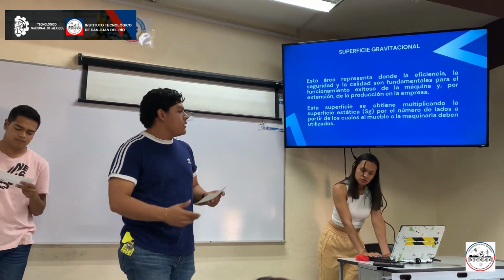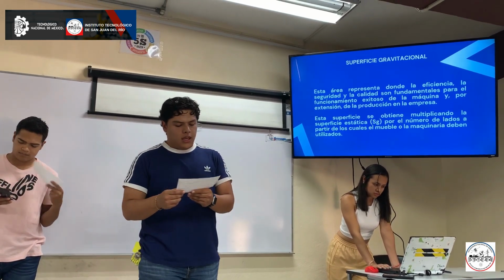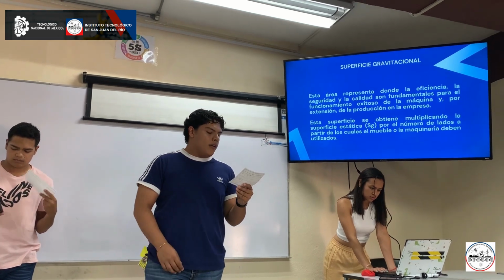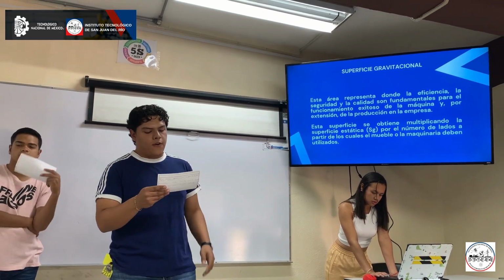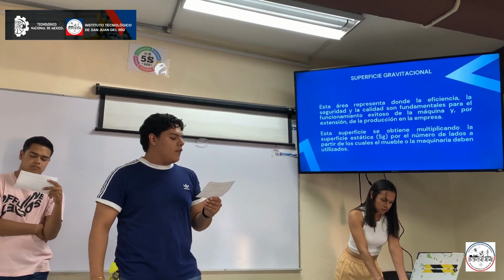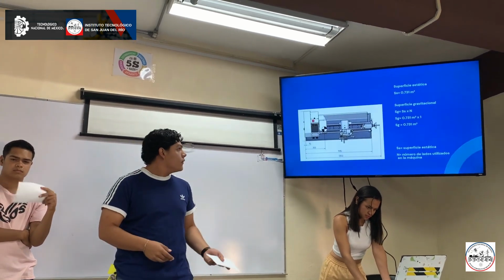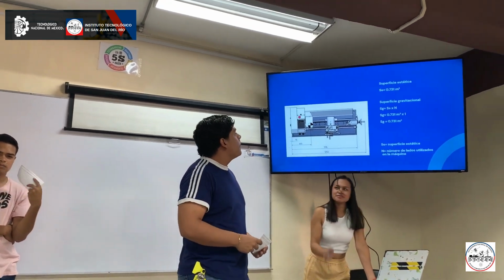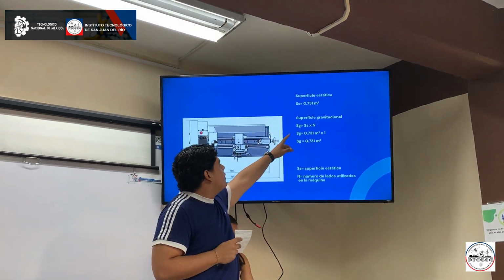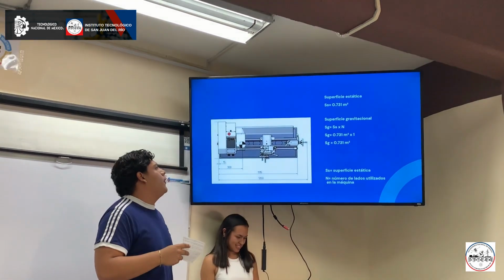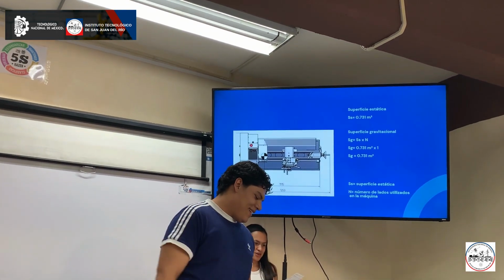This surface area is obtained by multiplying the static surface area by the number of sides on which the machinery could be used. The static surface is 0.731 square meters.